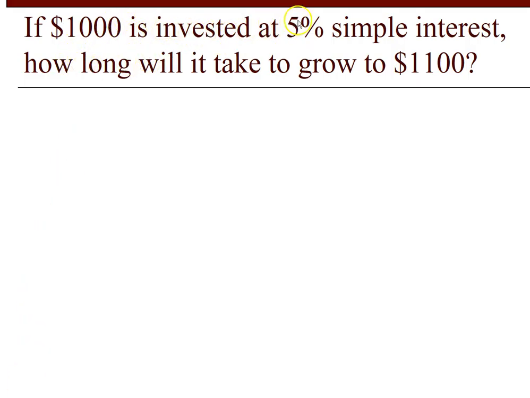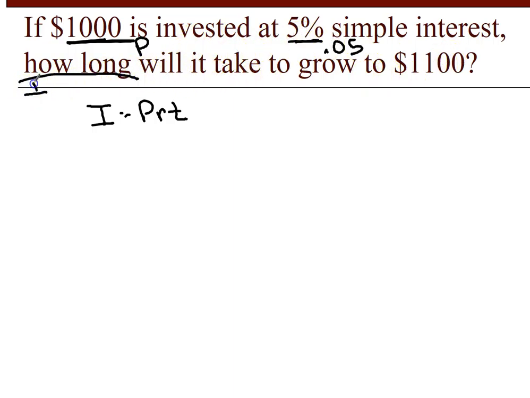If $1,000 is invested at 5% simple interest, how long will it take to grow to this much? So, if we have an interest formula, I equals P times R times T, this is the amount invested, so that's P. Here's the rate, which is 0.05. And what we're trying to find is how long. So we're trying to find T. So we're given P, we're given R, and we're not given T. So we've got to have I. Well, if it's going to get to 1100, that means our interest made was 100.